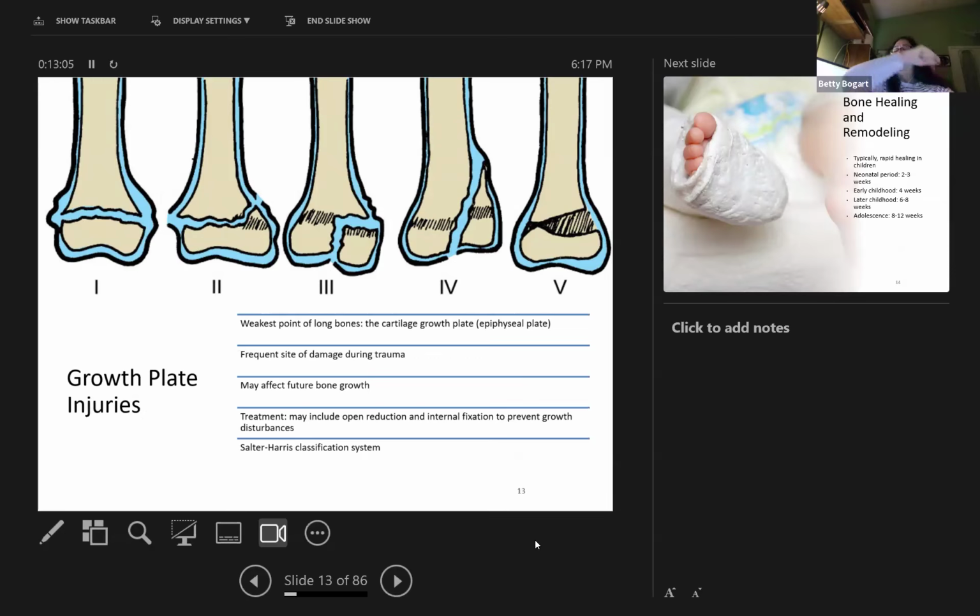So with children, the thing about adults, you get a white cast, whatever you want, right? It's a white cast. When you get into the pediatric population, you can have colored casts. At the hospital I worked at, a strictly pediatric trauma center, these casts are many different colors. We've got pediatric ortho technicians that specialize in children and placing casts on them.